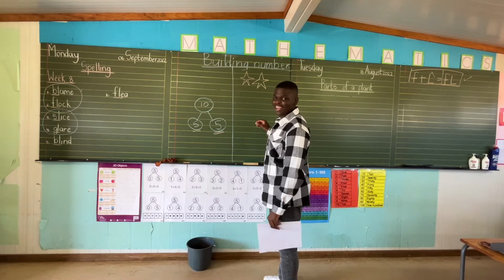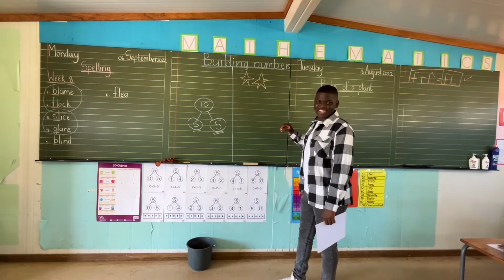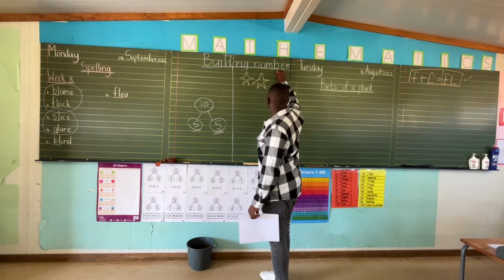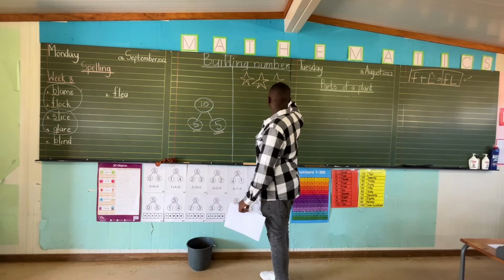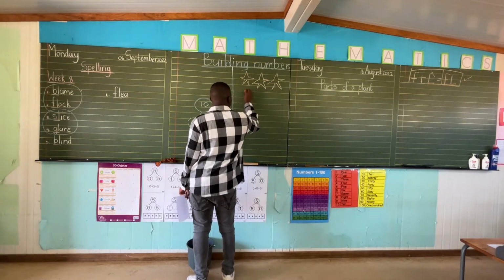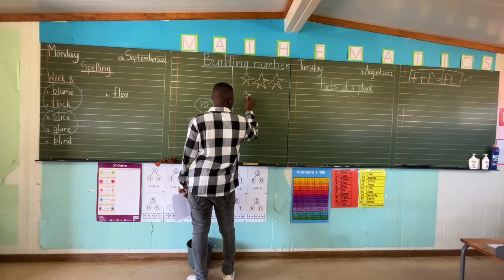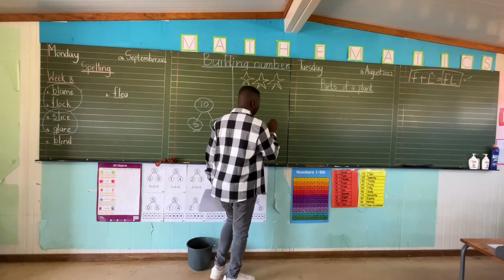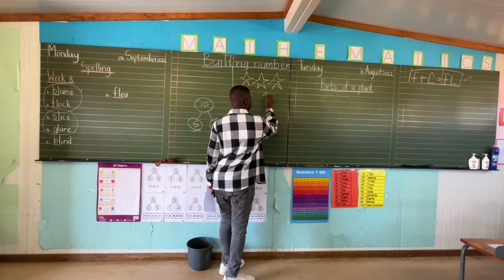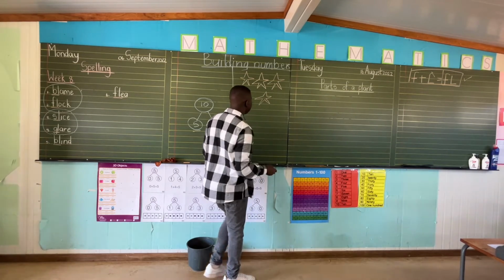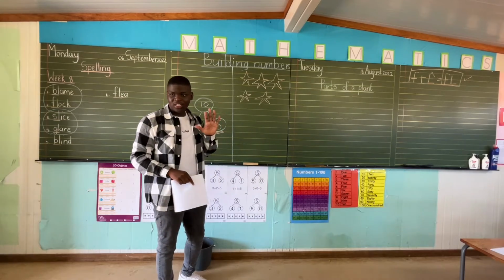My star is ugly. Is it beautiful? Okay. This is my third star. My fourth star. And then my fifth star.